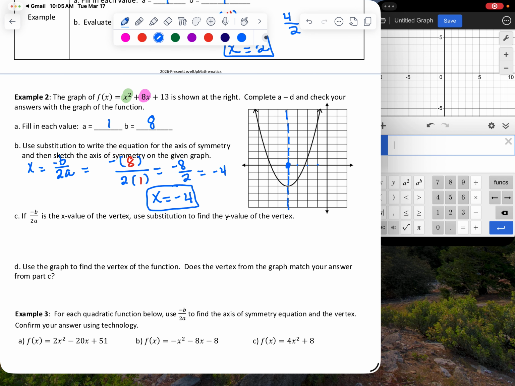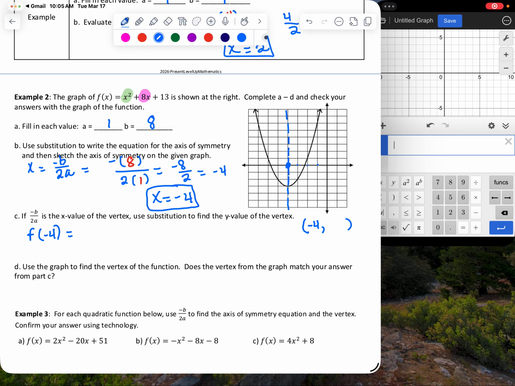All right, part C. If opposite b over 2a is the x value of the vertex, use substitution to find the y value. Here's what that is saying. Because our axis of symmetry is the line x equals negative 4, x equals negative 4 must be the x value of our vertex. To find the y value of the vertex, all you do is evaluate the function for f of negative 4.